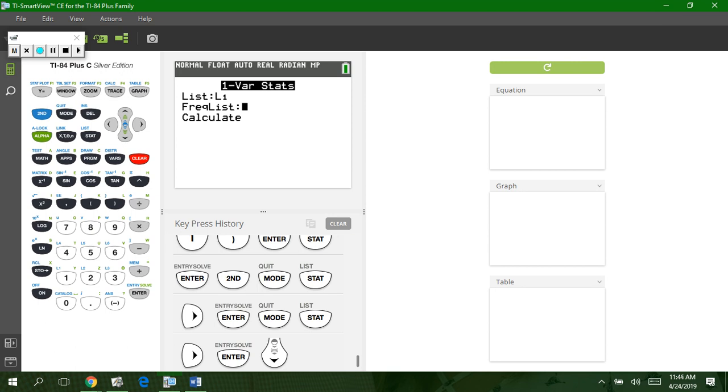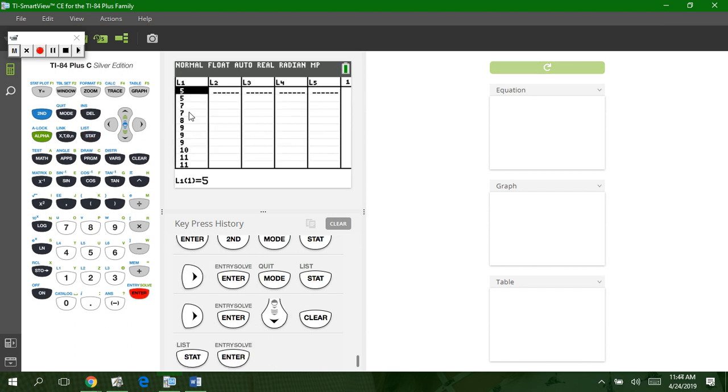On your stat edit, I'd put 2.99, and then over in list 2, I'd put how many people there were. That's how you would do a frequency list, so you don't have to write out all those numbers. For example, in L1 I'd put 5, and in L2 I'd put 2, because there's 2 of them. Does that make sense with everyone?